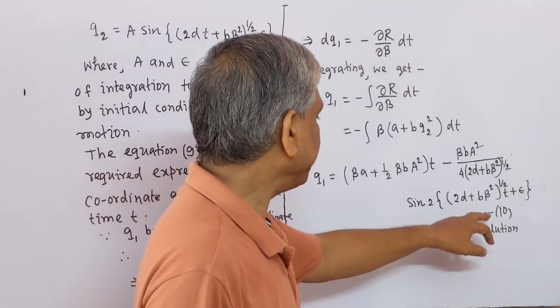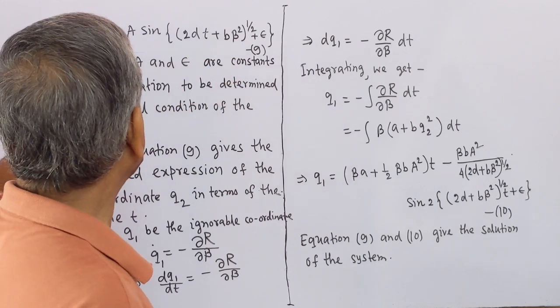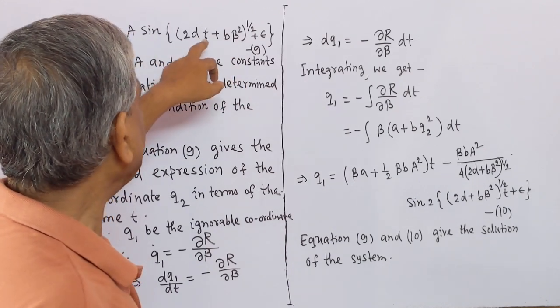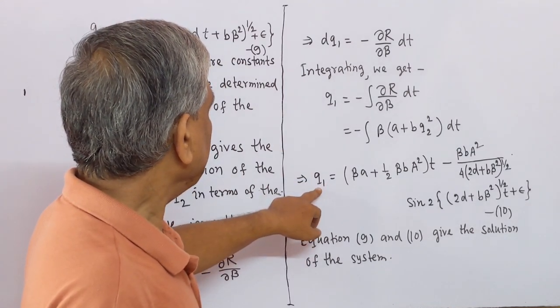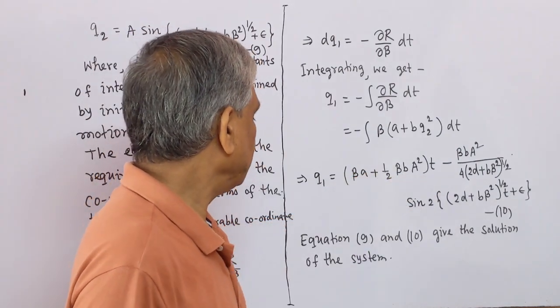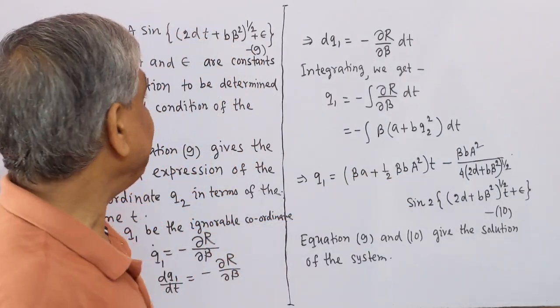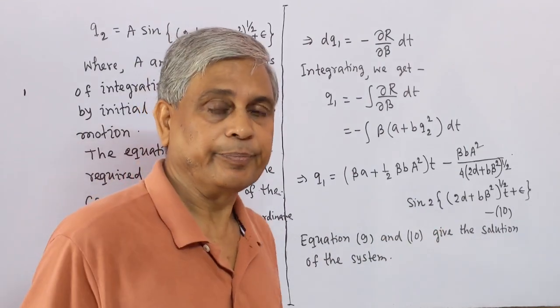This is equation number 10. In equation 9 we find the value of Q2 in terms of time t, and here we also find the coordinate Q1 in terms of time t. So equations 9 and 10 give the solution of the system.